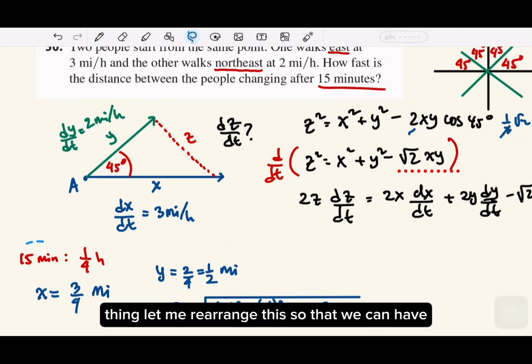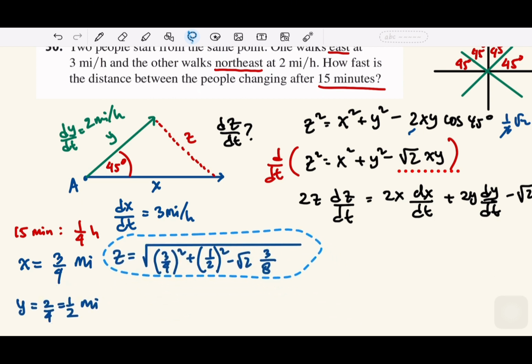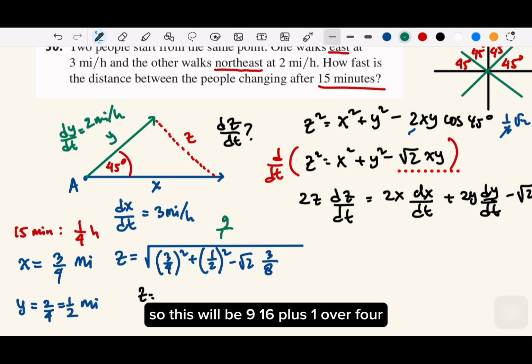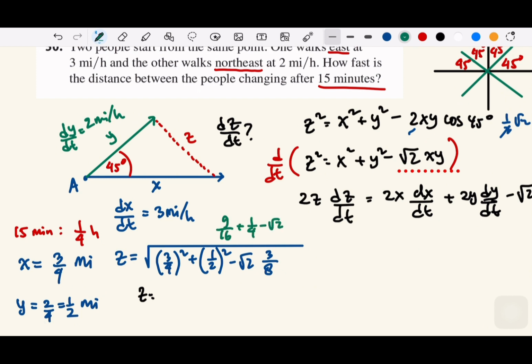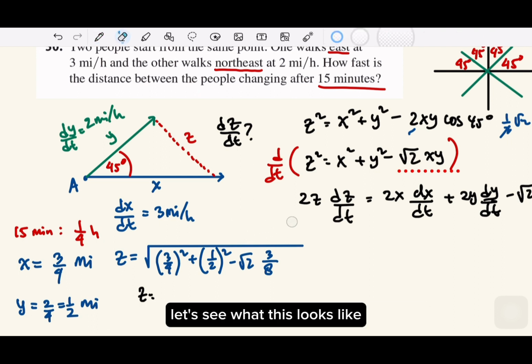Let me rearrange this so that we can have it on one screen. Okay, so z is, this will be 9/16 plus 1/4. Wow, this is interesting. Maybe just taking z squared first. Okay, let's see what this looks like.